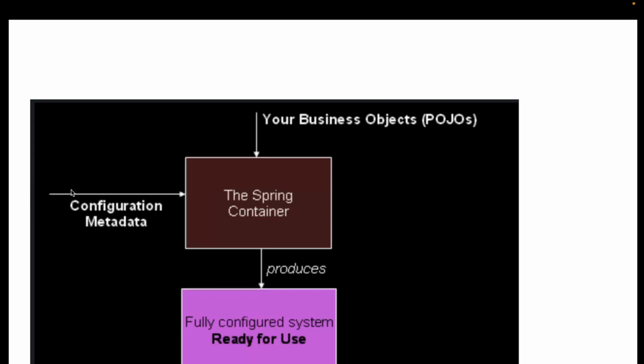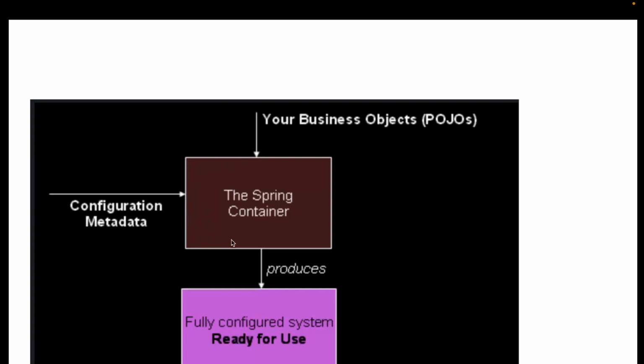This configuration metadata can be provided in the form of an XML, or in the form of a Java annotated class. You can provide configurations in any manner, either the Java configuration way or an XML.